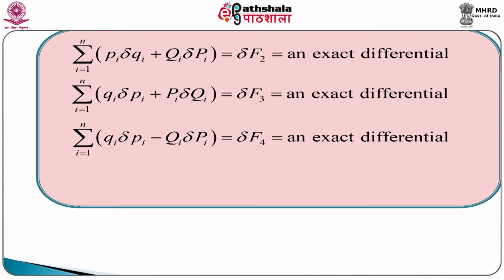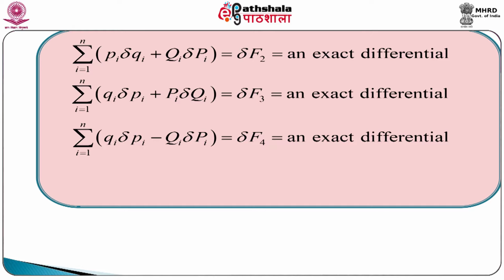Now, the condition for canonicality can be derived in other forms involving the other principal forms of the generating functions: F2, which is a function of q, P and t, F3, which is a function of Q, p and t, and F4, which is a function of p, P and t.